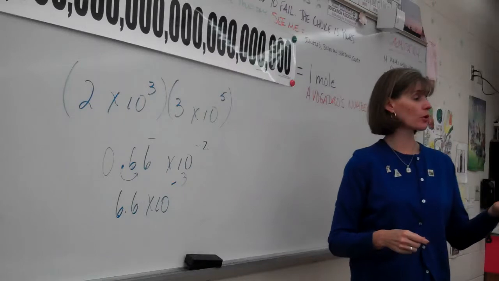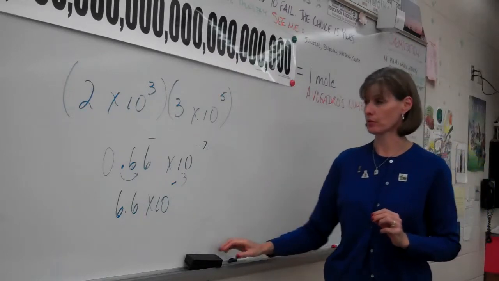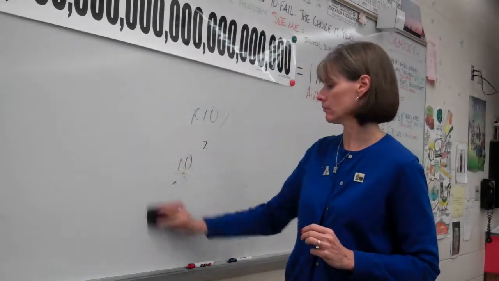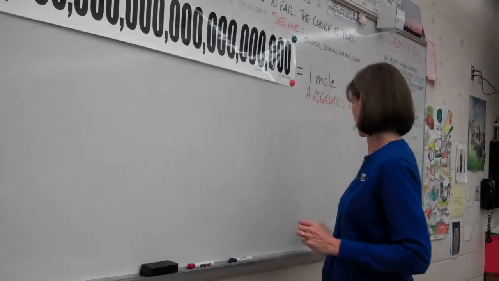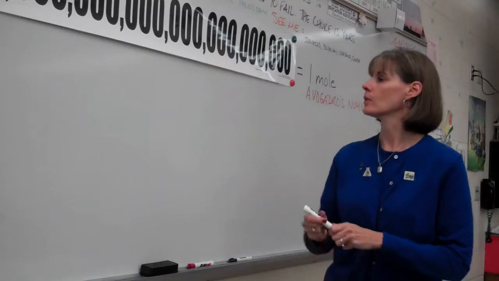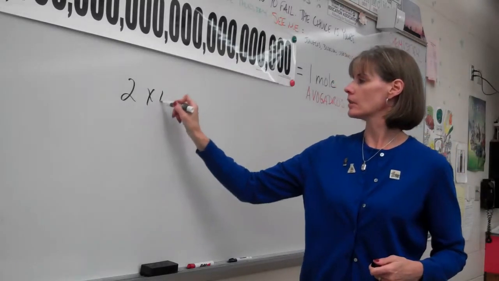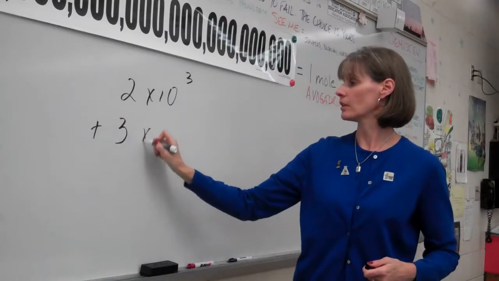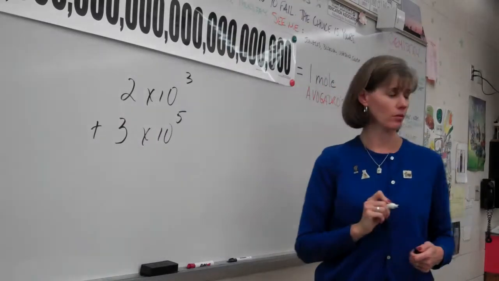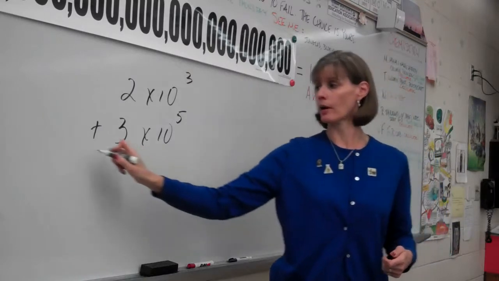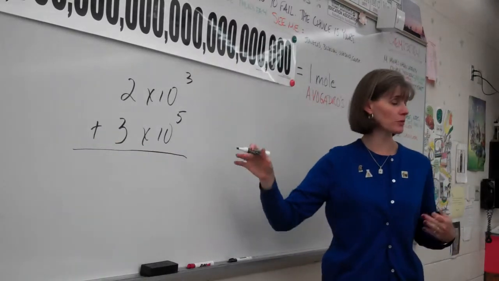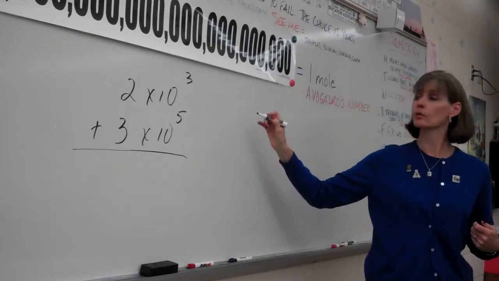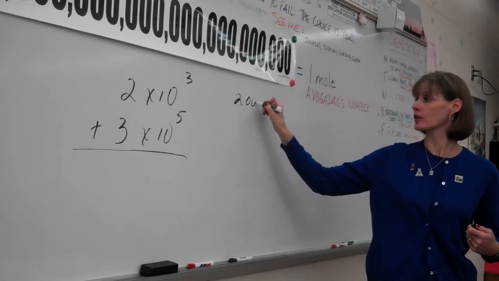Now, what if we're adding and subtracting these numbers? If we have 2 times 10 to the third plus 3 times 10 to the fifth, that's not going to work so well. 2 times 10 to the third as a regular number is 2,000.